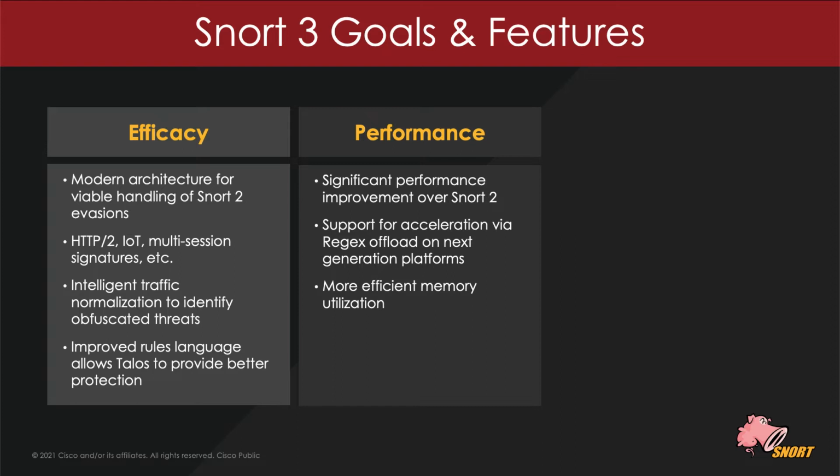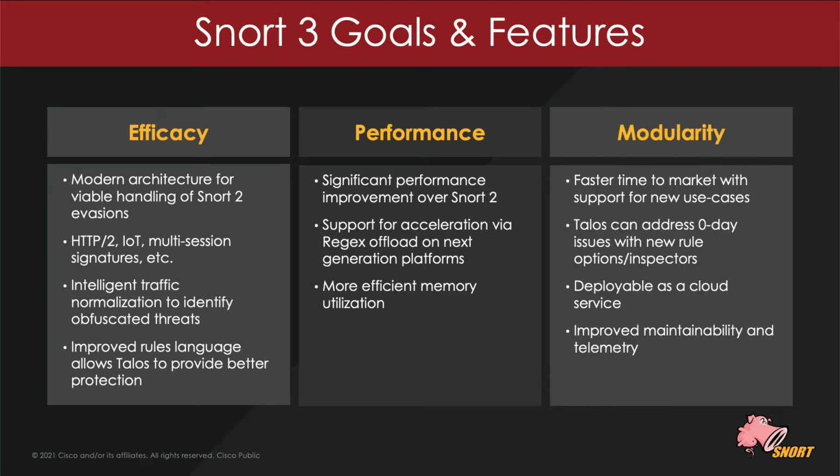We've been able to write around that pretty well. We can architect rules to make up for that slowness in that particular keyword. But we want to accelerate that. So that's where we're going to have some acceleration technologies in Snort 3 and more efficient memory utilization. As far as modularity, we want a faster time to market to be able to support new use cases.